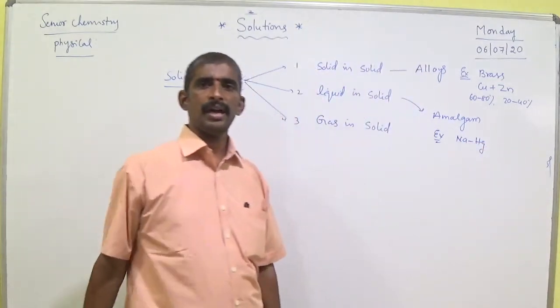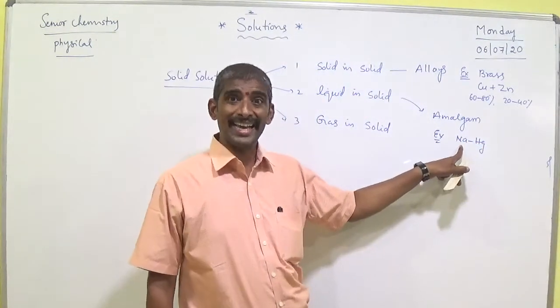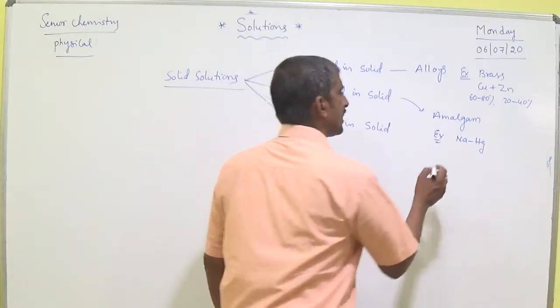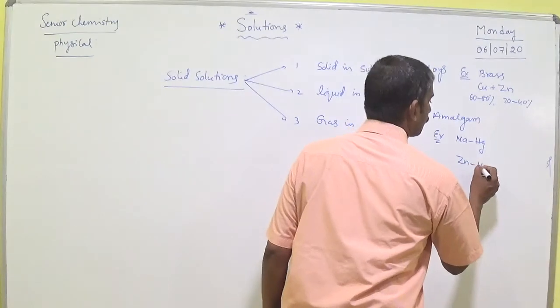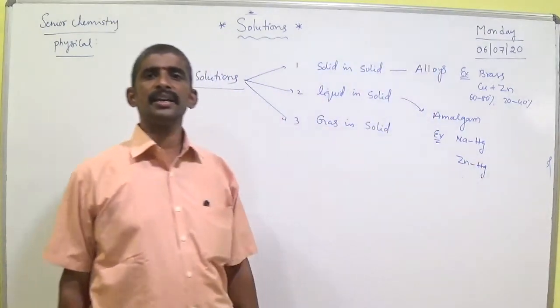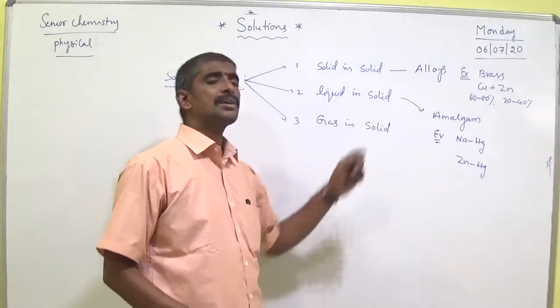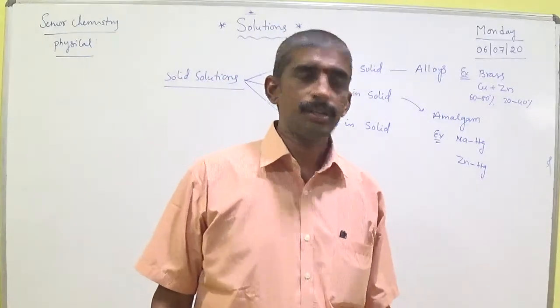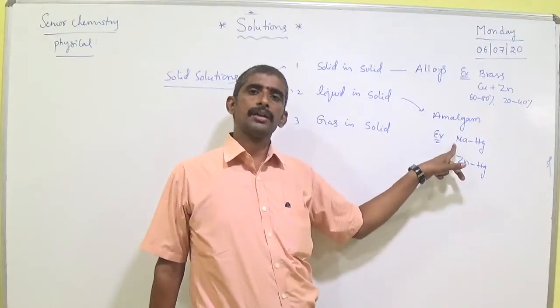Sodium amalgam, NaHg simply. This concept is already there in first year, the Castner-Kellner process, an electrolytic process. Another example, zinc amalgam. Generally, amalgams are the best reducing agents in organic chemistry. This concept will come in second year organic chemistry.